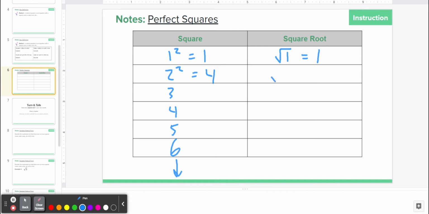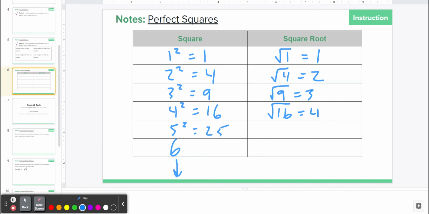And if I take the square root of 4, I get back down to 2. Repeat that for 3. 3 squared equals 9, which means that the square root of 9 equals 3. 4 squared equals 16. So the square root of 16 equals 4. 5 squared equals 25. So the square root of 25 is 5.